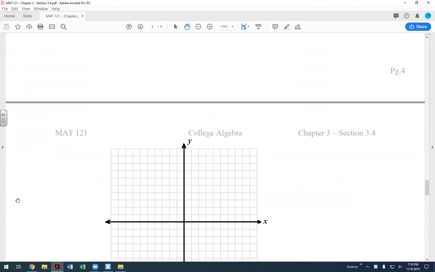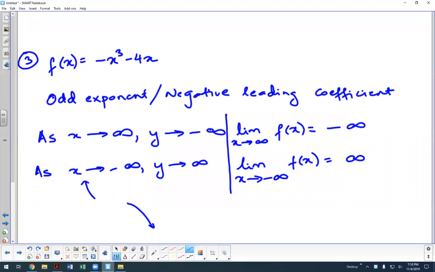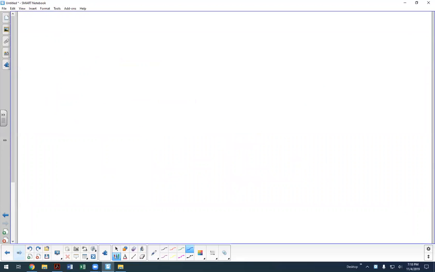You've got your grid on the other end. So let's talk about symmetry first. What kind of symmetry does this function have? Okay, and how do we know that? Yeah, because both my exponents on the x values are even numbers.